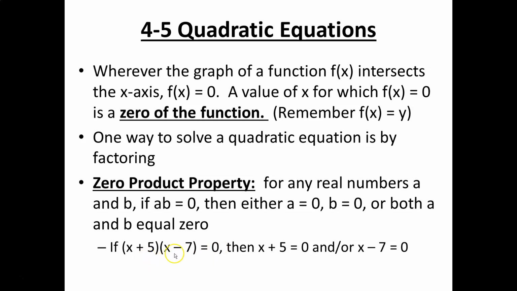Factors multiply together to get a product of 0. So in this case, if x plus 5 times x minus 7 equals 0, then we know that at least one of these has to equal 0. So either x plus 5 or x minus 7 is going to equal 0.